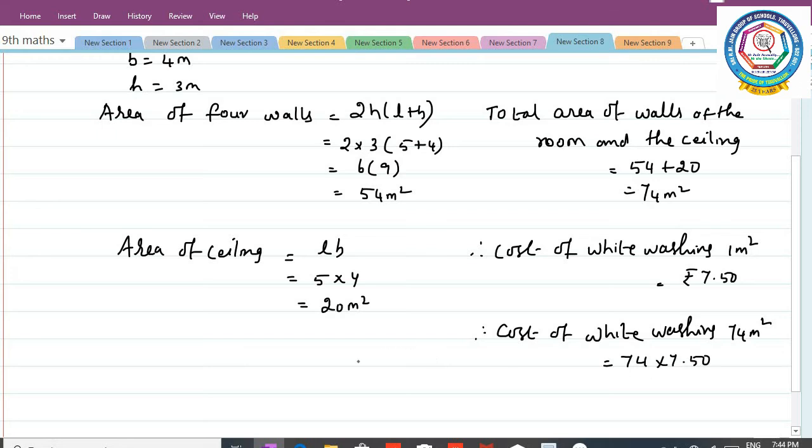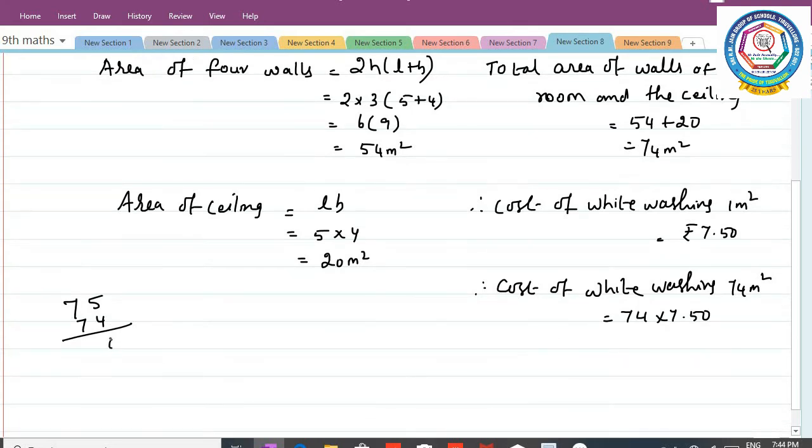Let us take 75 into 74, ordinary multiply we have to do. 75 into 74. 7 5s are 35, remaining 3, 7 7s are 49, 49 plus 3, 52. 4 5s are 20, remaining 2, 4 7s are 28, 28 plus 2, 30. So here 0, 5, 5, 5.